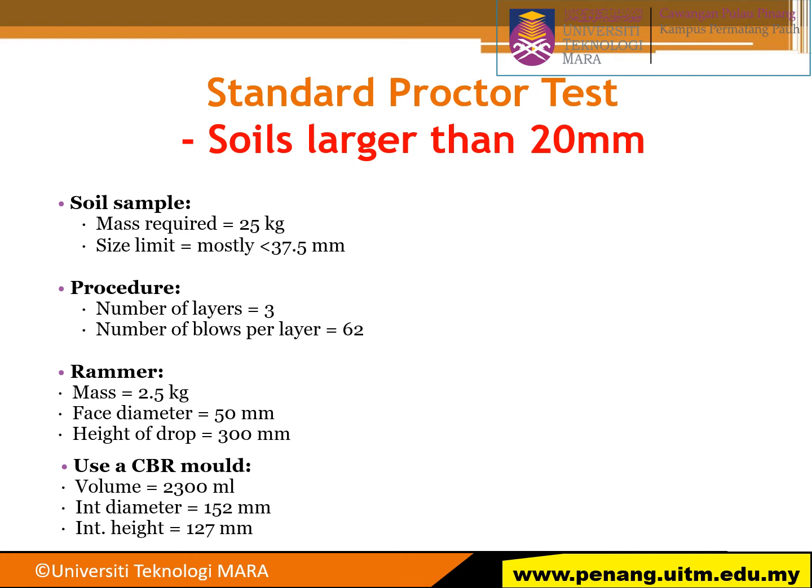The rammer is 2.5 kg, face diameter is 50 mm, height of drop is 300 mm, using a CBR mold with volume 2300 ml, internal diameter 152 mm, and internal height 127 mm. This is for soil larger than 20 mm but less than 37.5 mm.